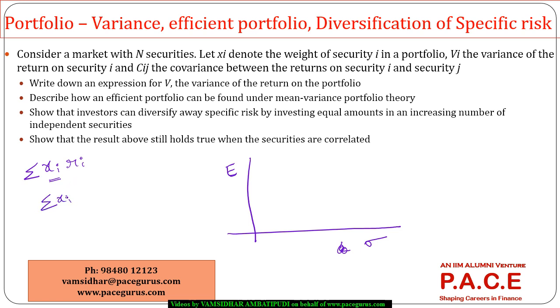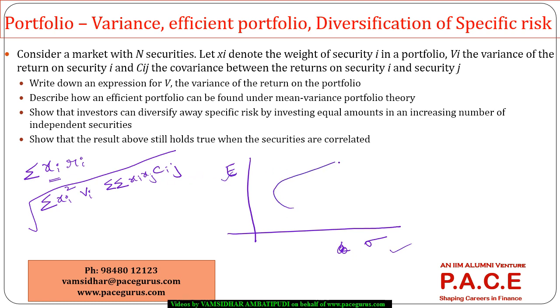The variance of the portfolio is the sum of xi squared vi plus the sum across i and j of xi xj cij. Taking the square root, I get the standard deviation, and I get the expected value.